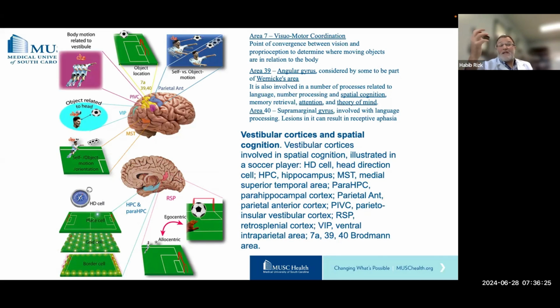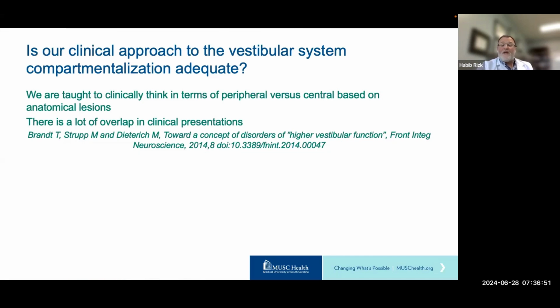And it's not a surprise that the vestibular system has been implicated in a number of processes, including number processing, spatial cognition, and theory of mind, which is basically the concept that the beliefs and behaviors of others can be attributed to their mental state. And because we have that sense of myself versus the outside environment.